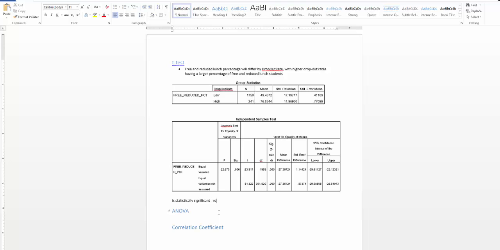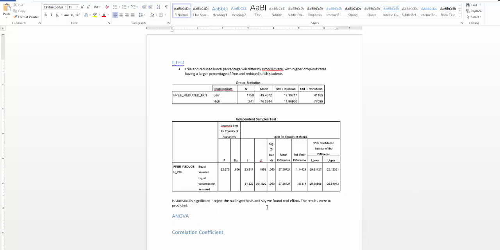And we reject the null hypothesis and say we found real effects because, again, it's less than 0.05, and the results were as predicted.